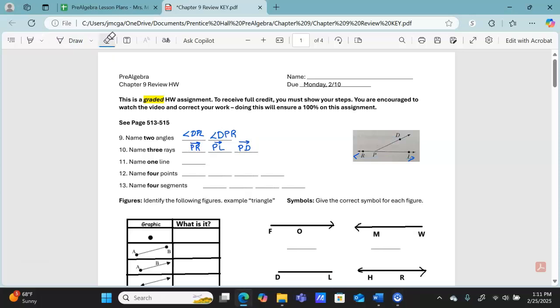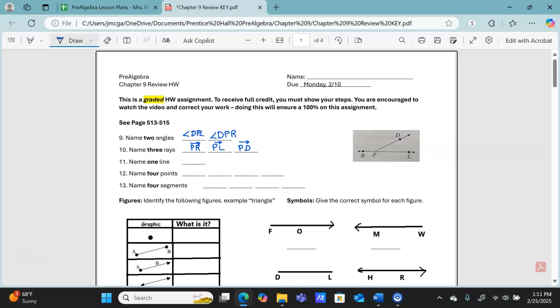Okay, and then I cleaned things up a little bit. And then the line is this one right here. You can either name it RP with the little line symbol over it, or you could call it RL, or you could call it PL.